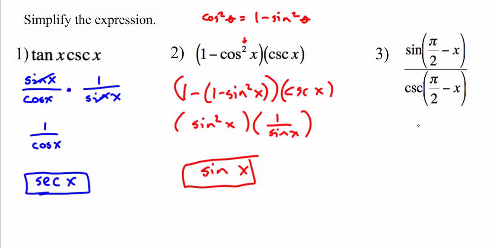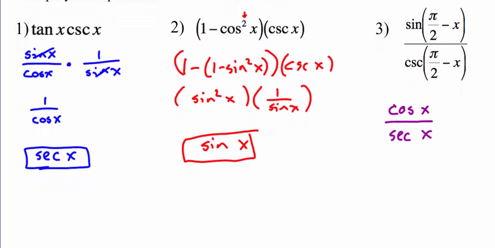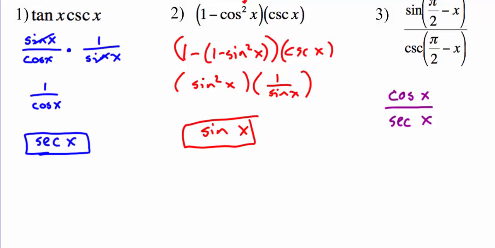Alright, another. This one looks a little scary perhaps when you first glance at it, but you realize we've got these co-functions down. This is not a big deal to us. So sine of pi over 2 minus x, well, that's just cosine of x. And the cosecant of pi over 2 minus x, that's the secant of x. And then the one thing I have left to do on this particular problem is to see how I can simplify this.